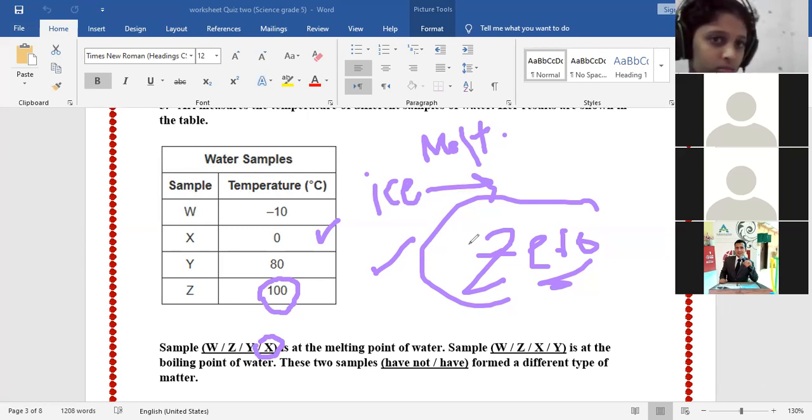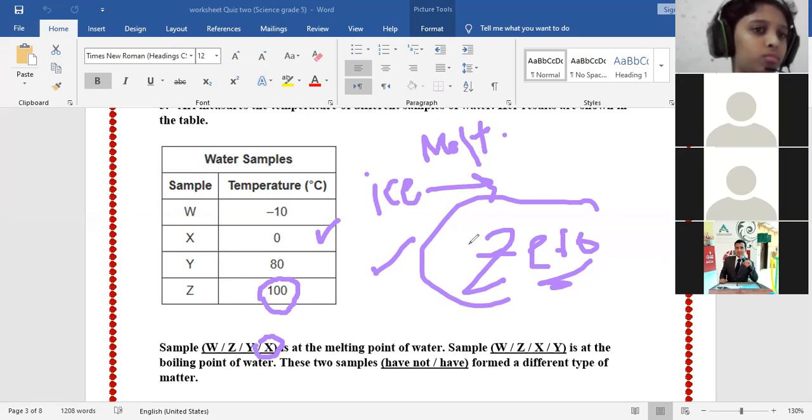No. Is melting ice a physical change or chemical change? Physical. So when the ice melts, is it a change in the state of matter? Yes. So physical change is a change in size and shape and the state of matter. But chemical, no. Chemical is forming new matter.